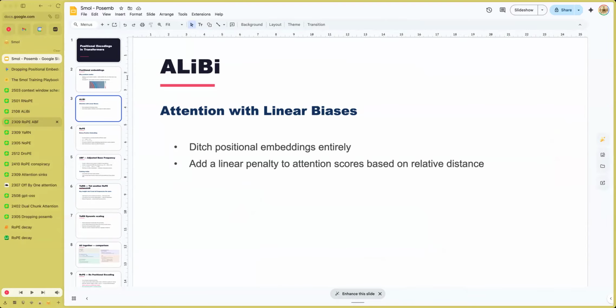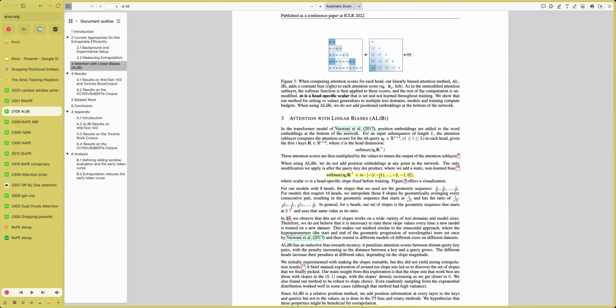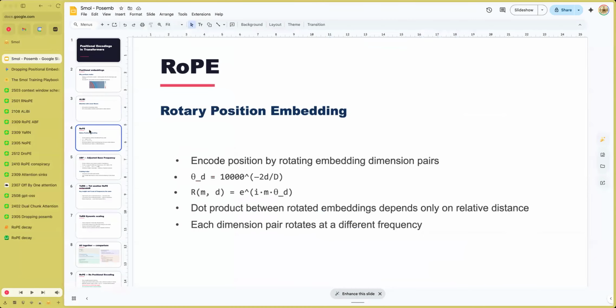The basic idea of this paper, which is called ALiBi, is to directly apply a coefficient in softmax that punishes attention for tokens that are far away from the current token.